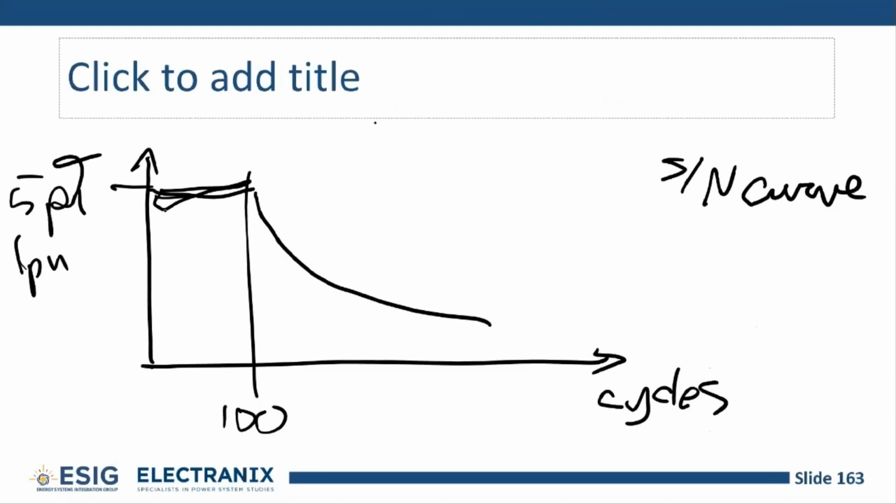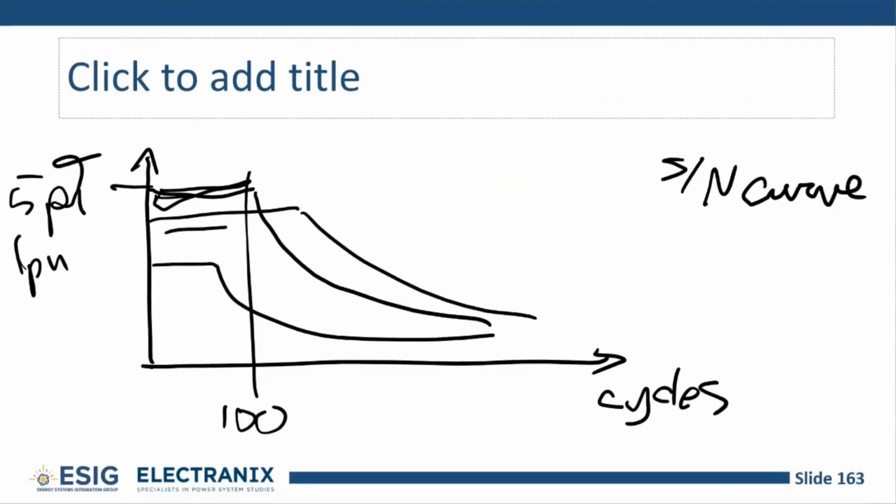So we'll actually have a family of curves like this. And each shaft component has a curve that says the more times you cycle it, the smaller that magnitude of torque can be. It's just a stress lifetime curve.